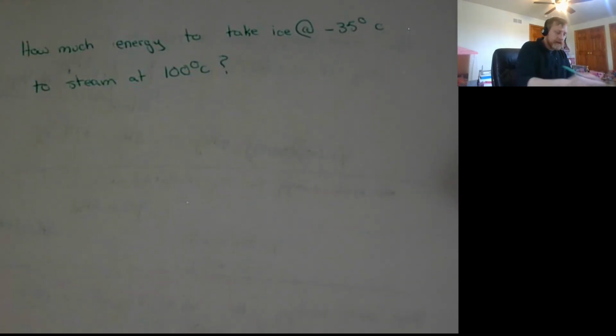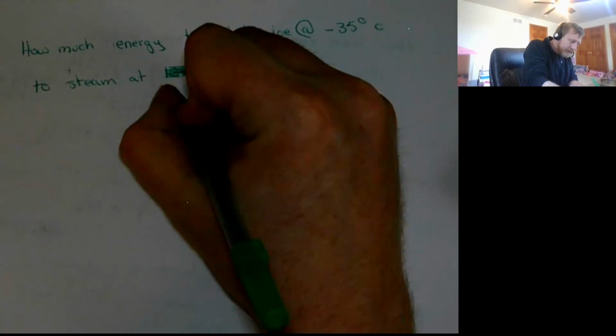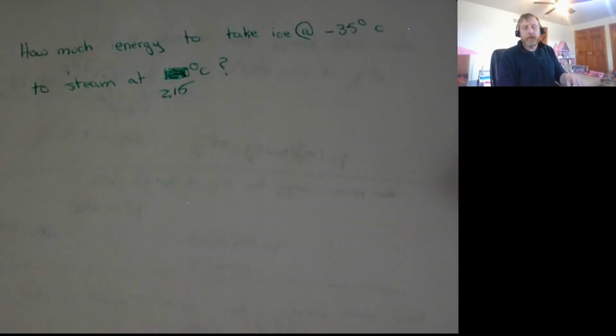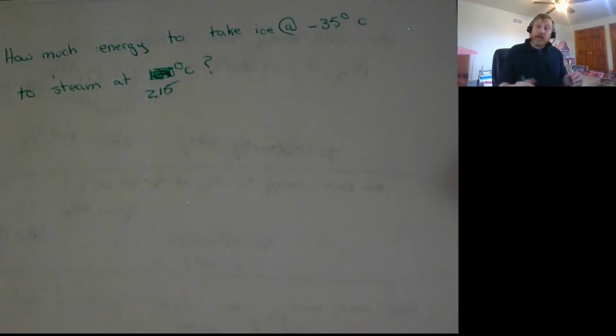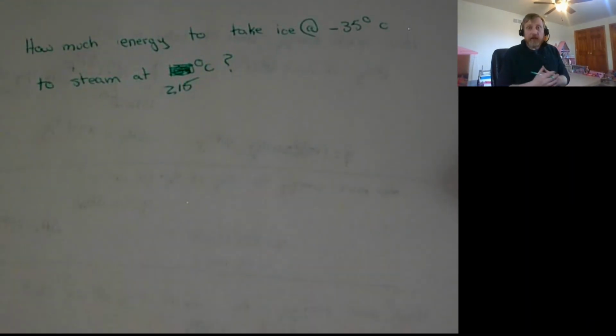And I'm actually going to modify what I wrote here. So we want to take it not at 100 degrees C, but let's say 215 degrees C. Okay. Now I've got some ice and I want to turn it into steam. And so I've got to do a couple of things. I've got to get its temperature from that -35 all the way up to 215.